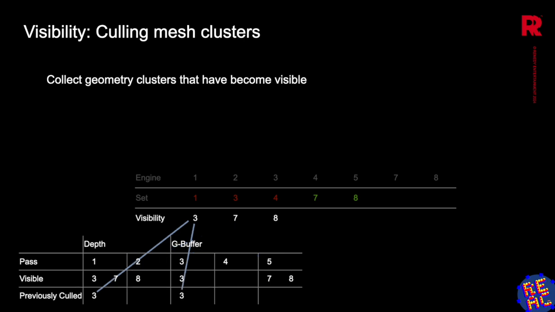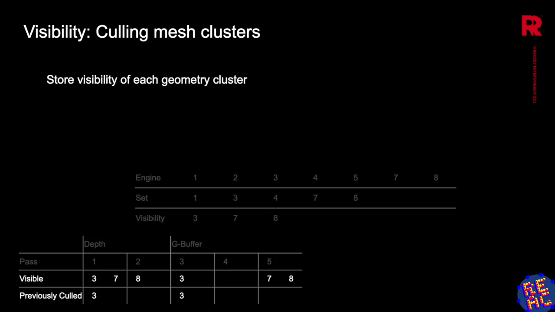Handle 3 gets marked as newly visible on the row previously called. Then, as a last step, we update visibility of each cluster in a set. Visible and previously called rows will next get translated into indirect commands.